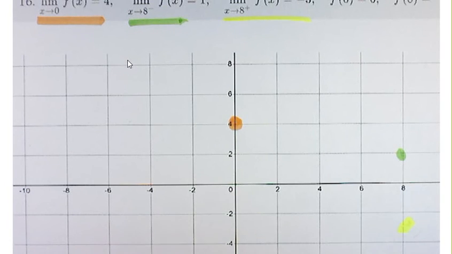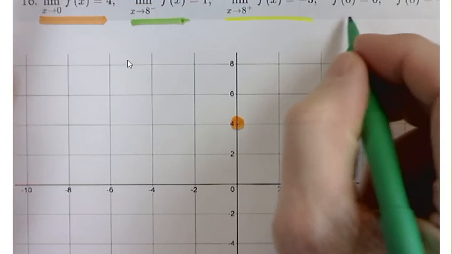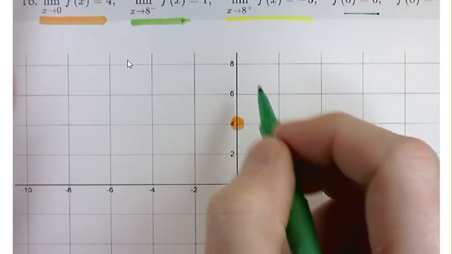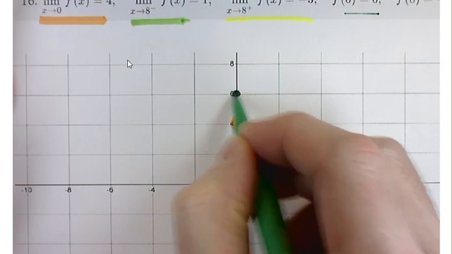f of 0 is going to actually equal 6. So I'm just going to put that spot right up here. f of 0 is 6.